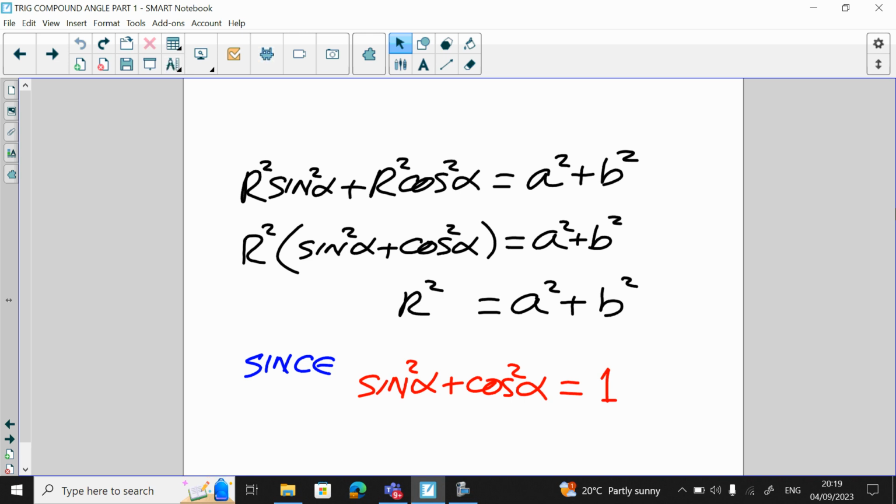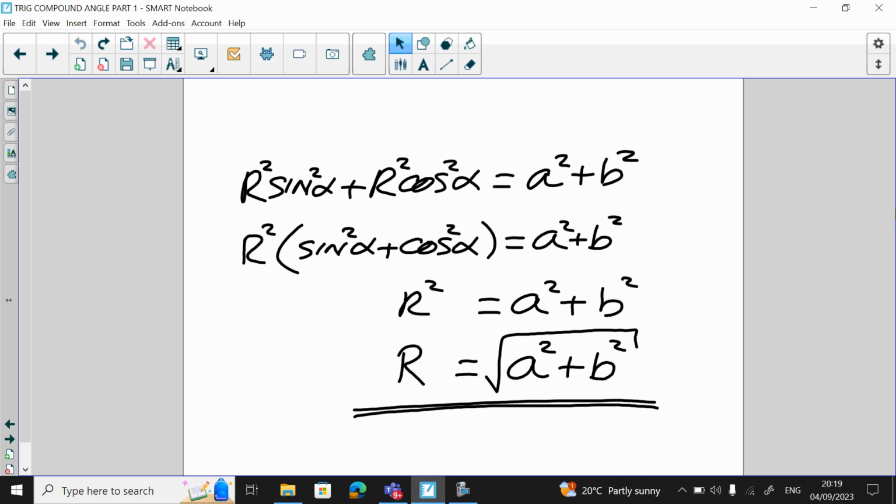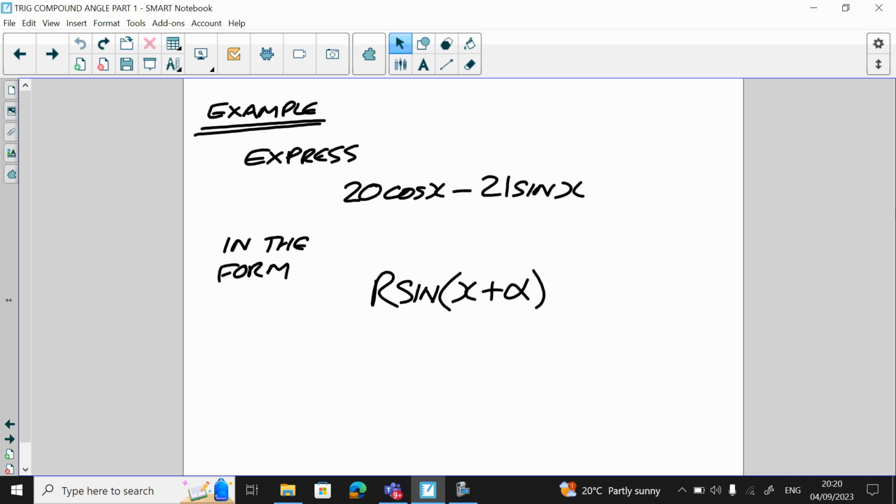It's equal to 1. That's why I can read here that R squared is equal to A squared plus B squared. That's where I get that from. So that's why we can now go straight to R equals the square root of A squared plus B squared.